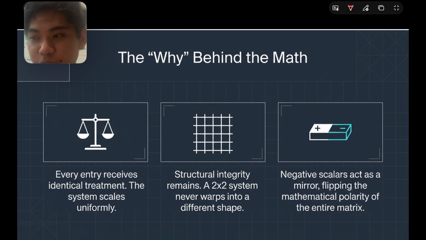So our negative scalars will reverse the signs, and when we go to more complex geometric interpretations of matrices, that's also a key point to keep in mind, that we are flipping the direction or the polarity of the entire matrix.